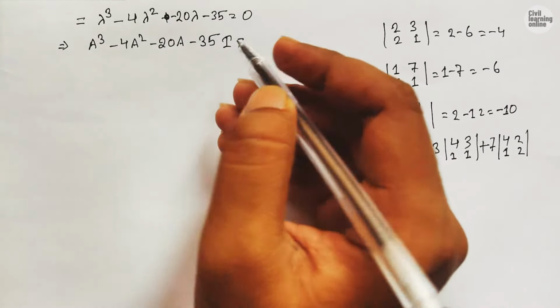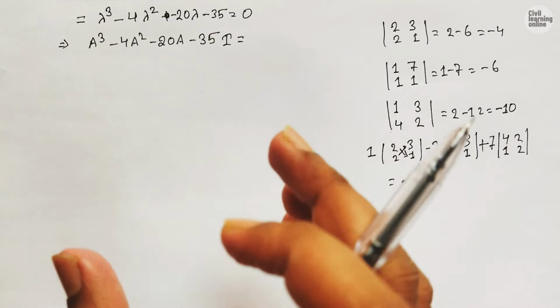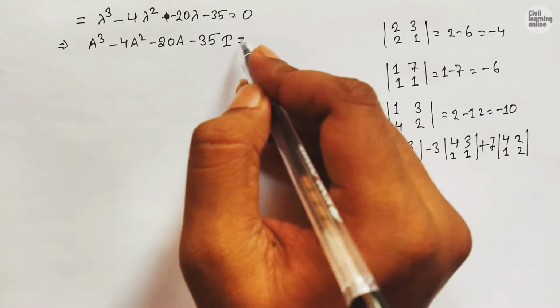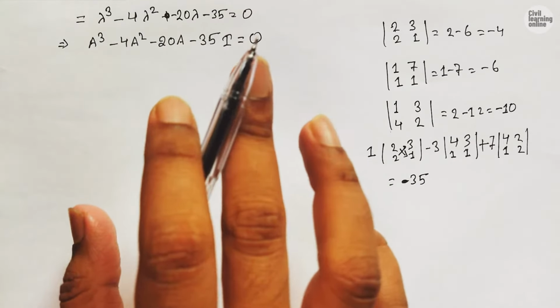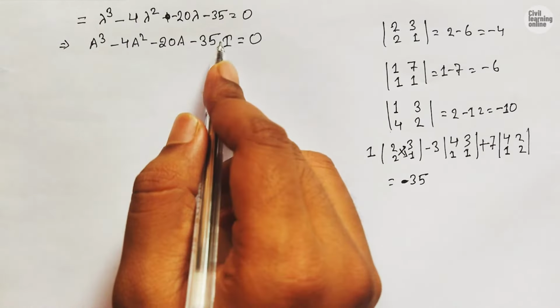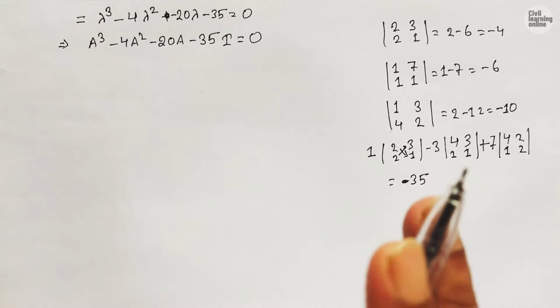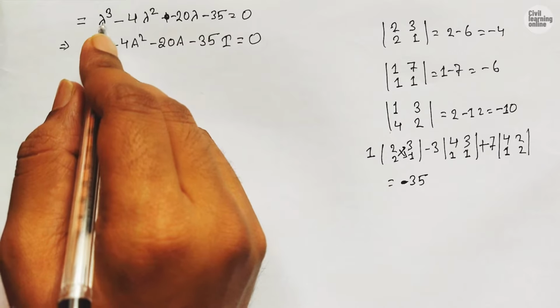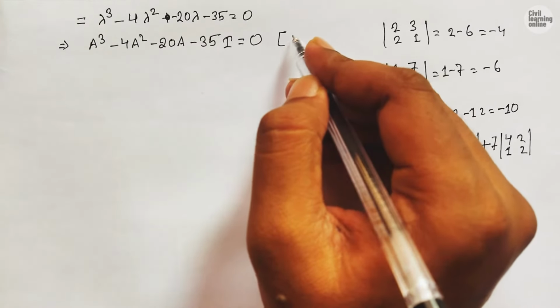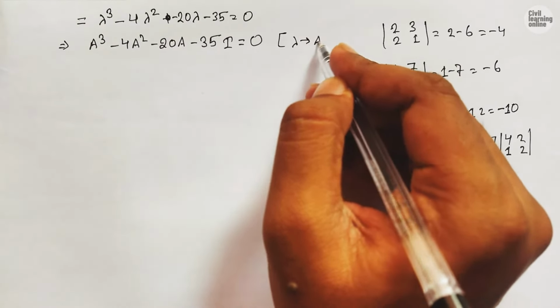It won't create any problem, and it will help us solve this numerical easily, because these all will get converted into matrix form. So here we will write the identity matrix. What we have done here is replace lambda with A.